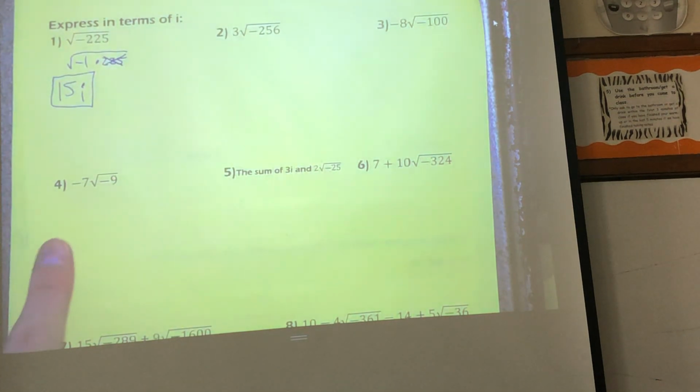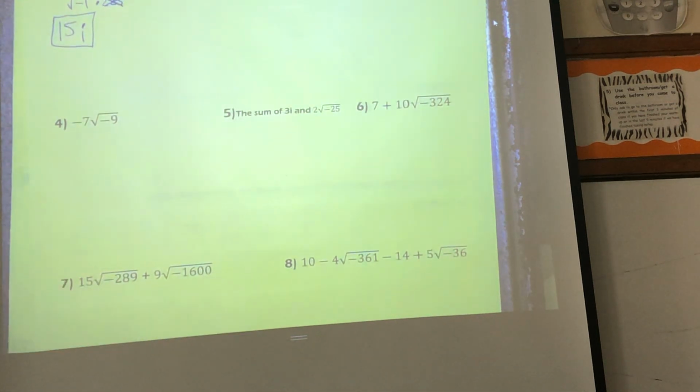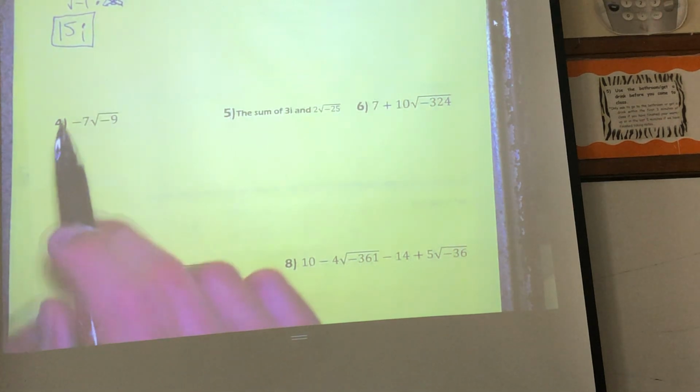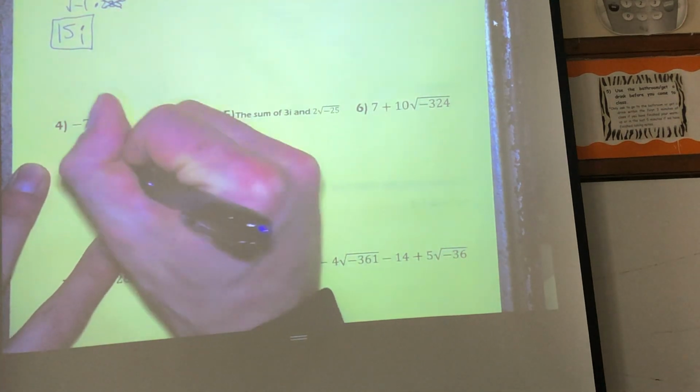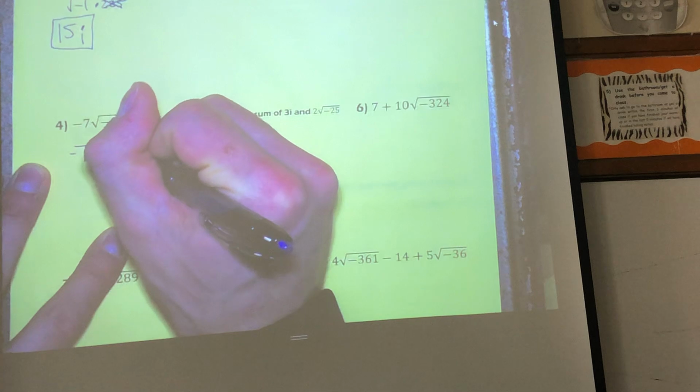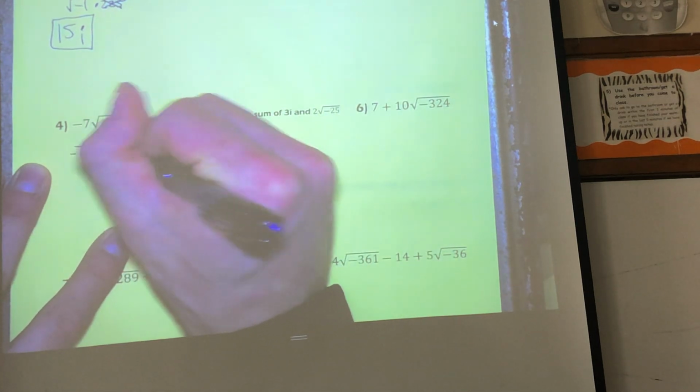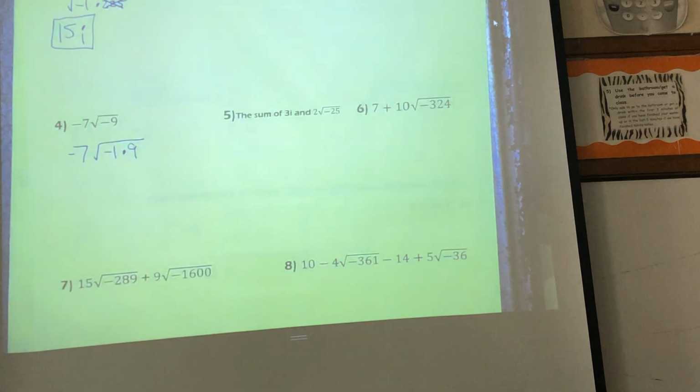We're going to skip down here to number 4. So for number 4, we have -7 radical -9. Can't plug this in my calculator because I will get an error. So I'm going to rewrite this as -7 times the square root of -1 times 9.